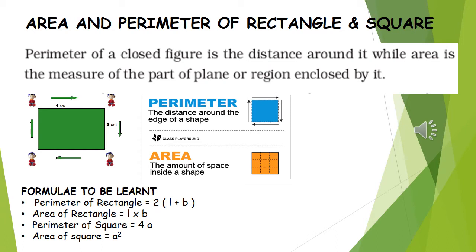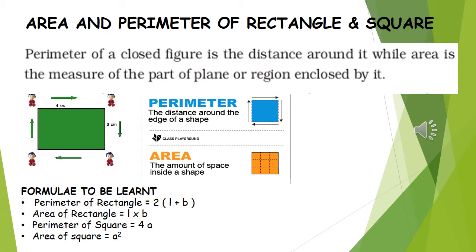First, we'll be learning what area and perimeter are. This exercise deals with the area and perimeter of a rectangle and a square, these two enclosed figures. Now, the perimeter of a closed figure is the distance around it, but the area is the measure of the part which is enclosed within it.